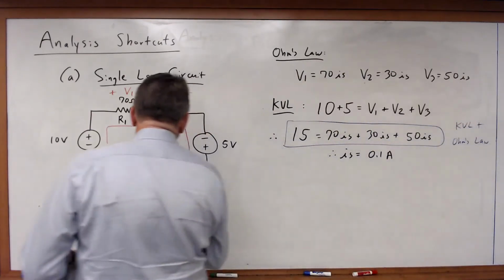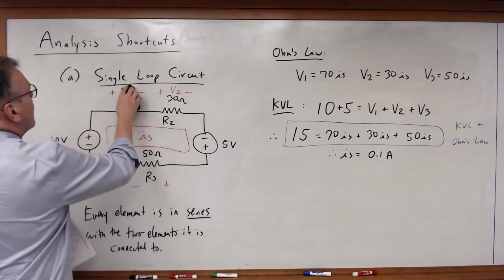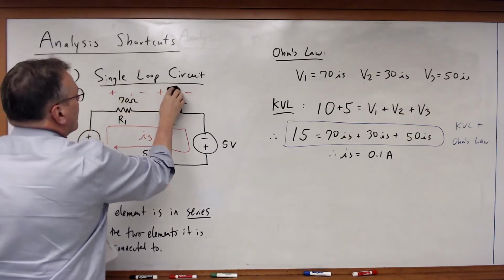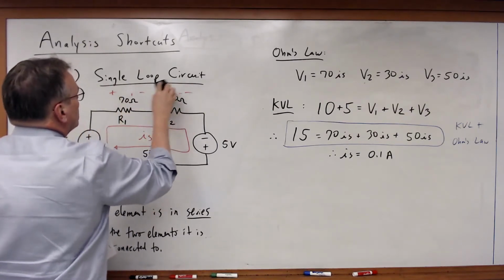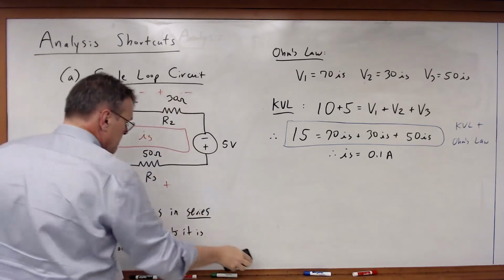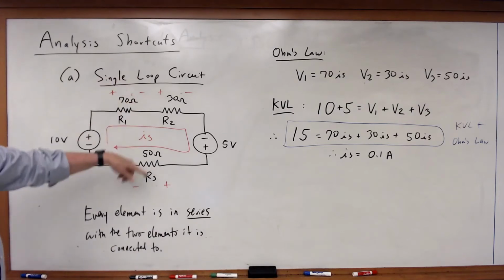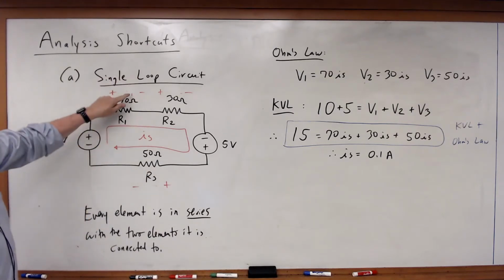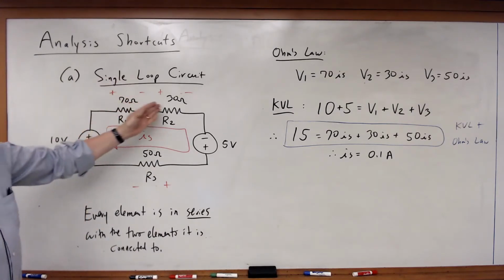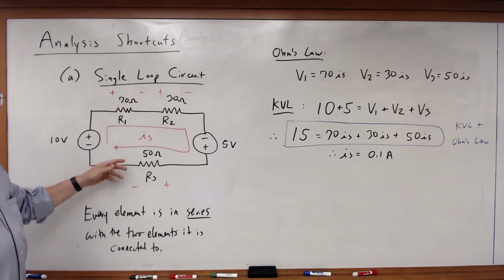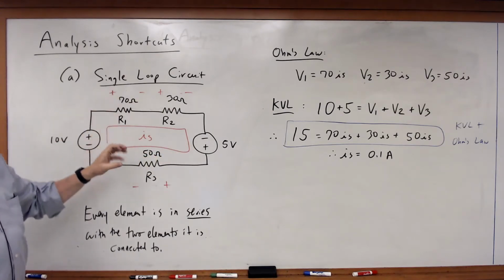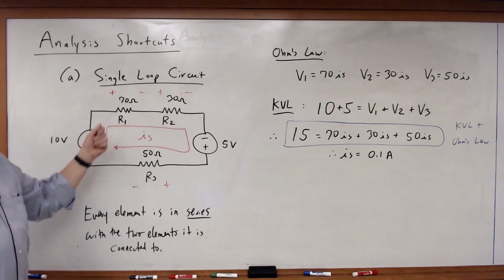I could have simply drawn in the voltage drops across the resistors, not even bothered to define voltage variables for them, and then simply written the KVL equation, just writing the voltages as the resistance times the current.